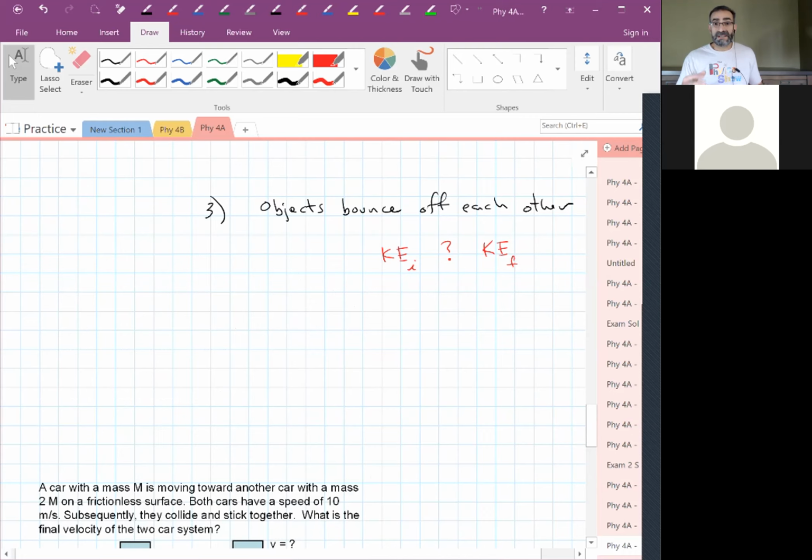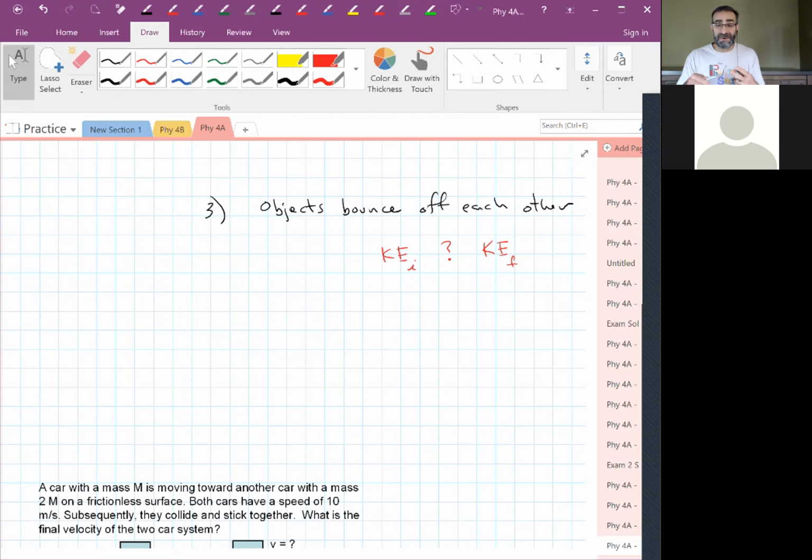So if you look at a collision problem in the book or on an exam and the objects bounce off of each other, we don't know if it's elastic or not. How do you know? There's only two ways. You're told it's elastic. Sometimes it says in the problem, in this elastic collision, and so on. Then you know kinetic energy is the same before and afterwards. Or you calculate it, right?